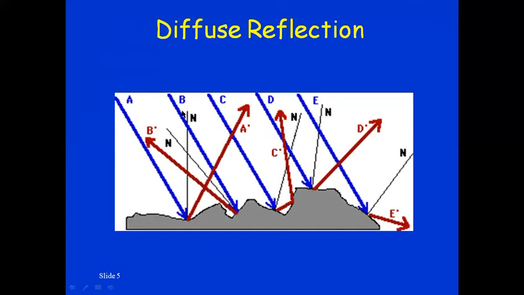But for the other ray, ray B, its angle of incidence and angle of reflection will be equal to itself, but not to A. Meaning the angles of incidence and reflection of different rays will be different from one another, but each single ray is obeying the first law.